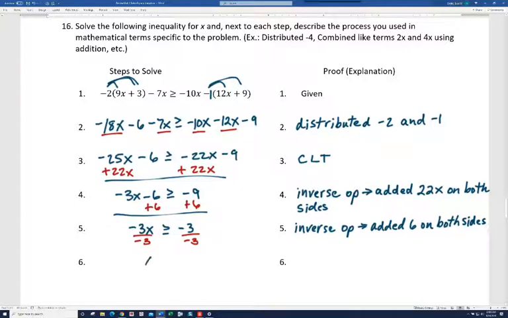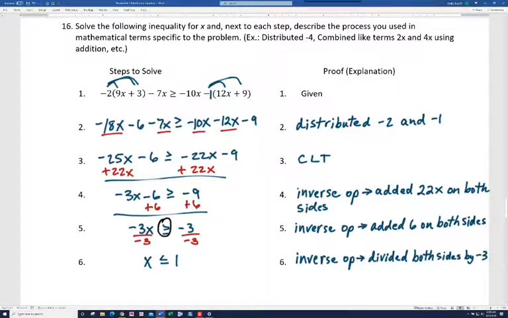And so we will get x is less than or equal to 1. Notice I divided by a negative, so I had to reverse that symbol. And negative 3 divided by negative 3 is 1. And so what did we do on that last step? We again did the inverse operation and divided both sides by negative 3.